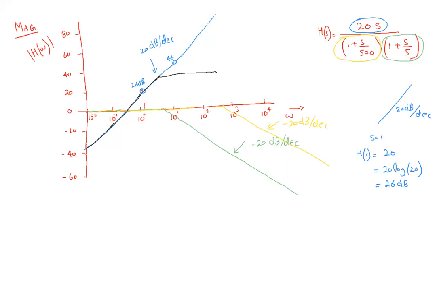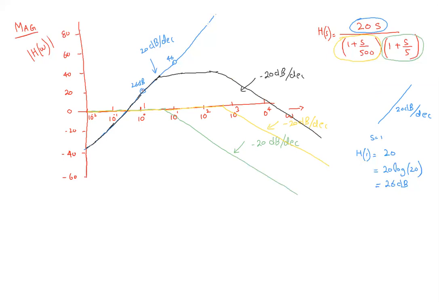And as it comes to this 500 point, it will have again, the way I'm saying, might not be again up to the scale. You can use a ruler to draw correctly. So this is going to be minus 20 dB per decade, because net one zero and one pole have cancelled, so the effect of one pole remains. Let me draw this line a little better, from here, and then it's going to go like this.